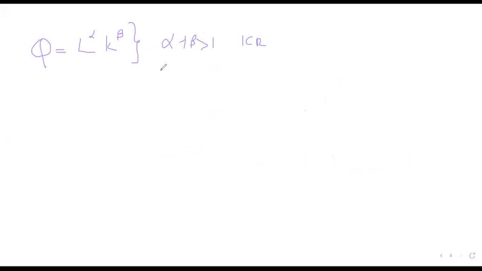If alpha plus beta is equal to 1, we call this constant returns to scale. If alpha plus beta is less than 1, we call that decreasing returns to scale.